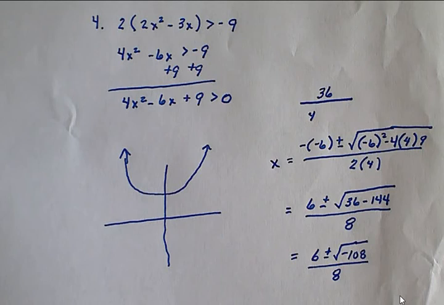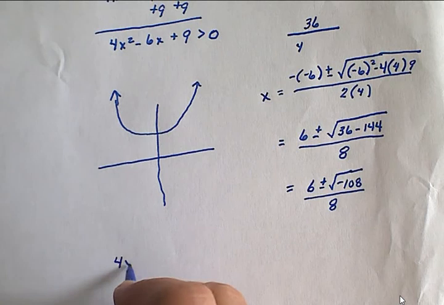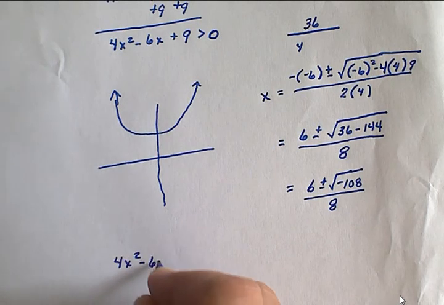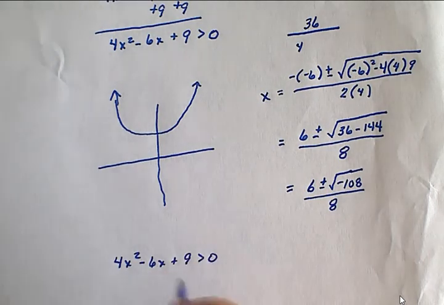And that's ultimately what's going to happen here. So if I choose to pick a number, for example, test the number 0.